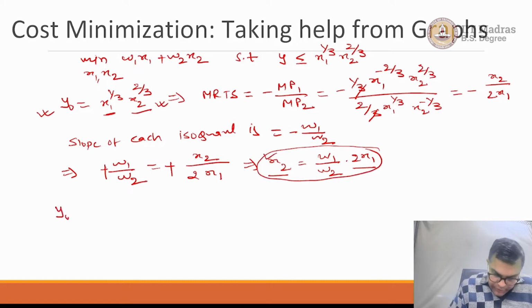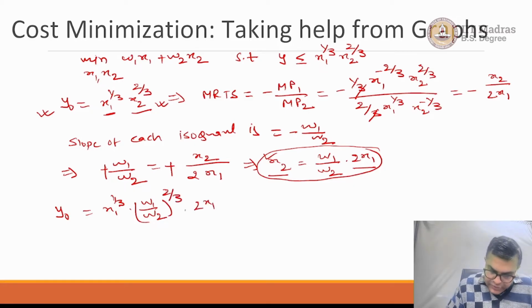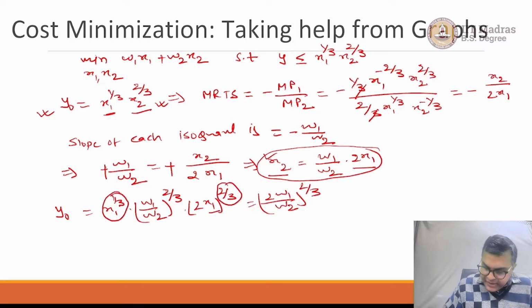So y0 is equal to x1 to the power 1 by 3 multiplied by W1 divided by W2 to the power 2 by 3 multiplied by 2x1 to the power 2 by 3. And so what do we get? 2W1 divided by W2 to the power 2 by 3. Here x1 to the power 2 by 3, here x1 to the power 1 by 3. So this is going to be equal to x1.